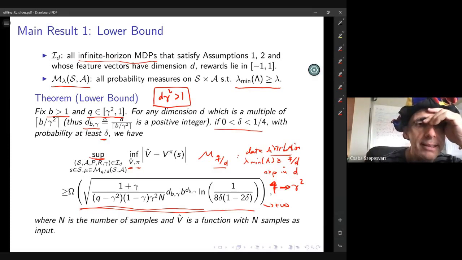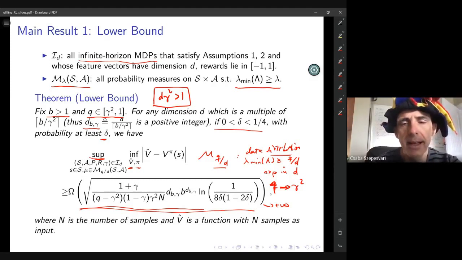I have a related question to this. Maybe this is going to clear up my confusion. And also, Shipra had a question about the v hat. So what is random here on the left-hand side? And what is the source of the randomness, given the fact that we are taking a supremum over all these things like the MDP?